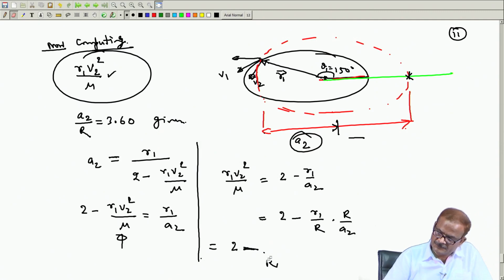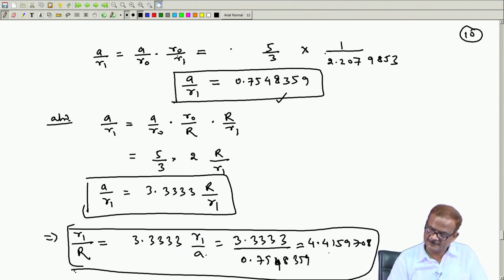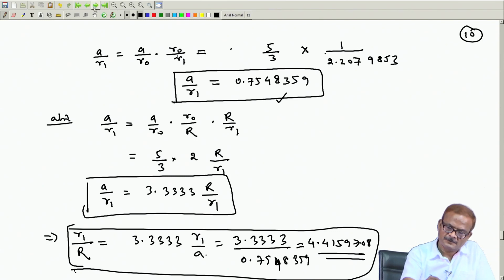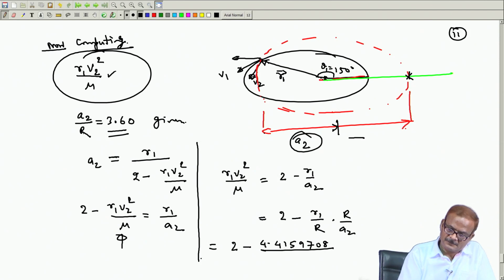So, we can directly substitute all these quantities here rather than pulling it. R by A 2, this is A 2 by R, this is given 3.6. Okay. So, this is minus sign, and first R 1 by R, how much this is, we look for that. R 1 by R is here 4.415. Okay. So, this value we need to insert. So, this value is 4.4159708, and A 2 by R is given to be 3.6.